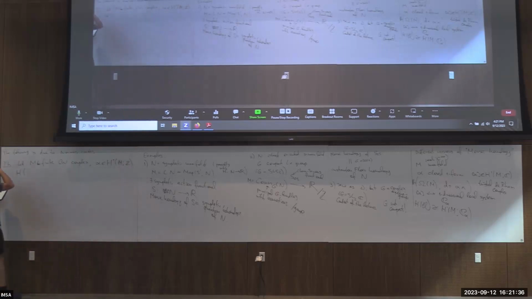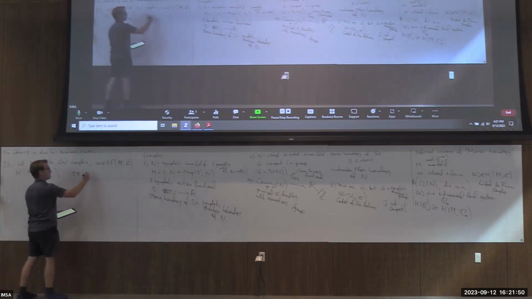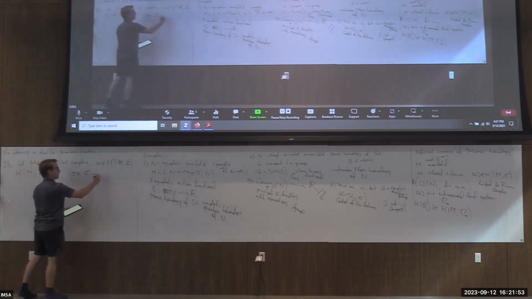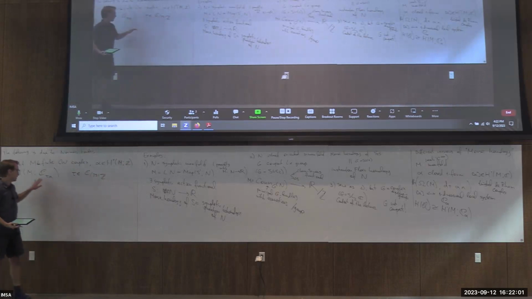And okay, so you can look at the cohomology of M with local system coefficients where you deform this local system by tau alpha, where tau is something defined in C over 2 pi i Z. So the point is that if you shift it by 2 pi i, this local system will not change.